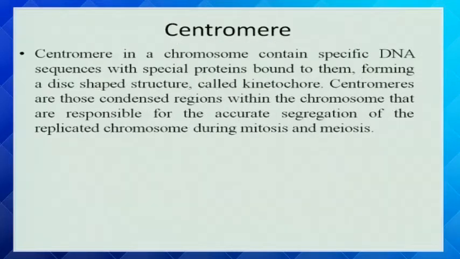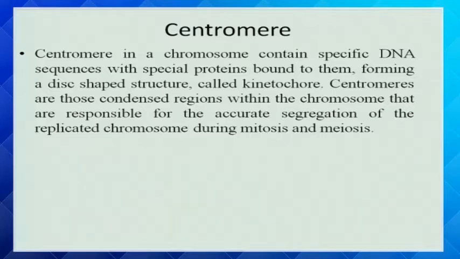Now let's look at the centromere. The centromere in a chromosome contains specific DNA sequences with special proteins bound to them. So in the centromere, you have DNA and some special proteins. Centromeres are condensed regions.